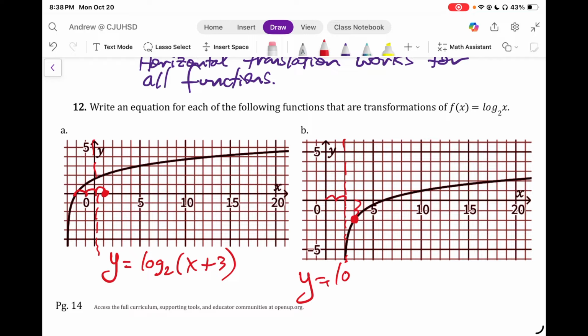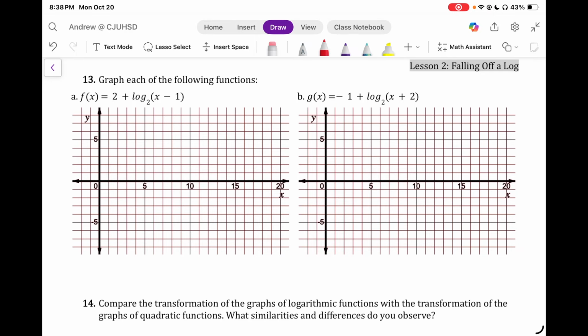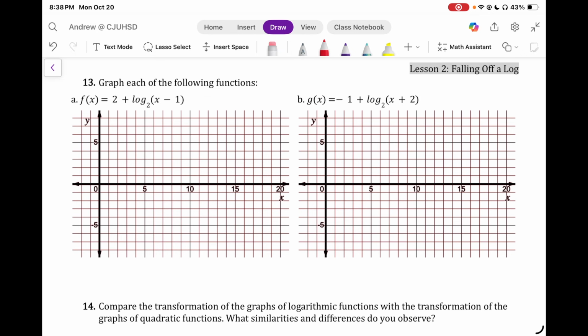So if I combine those together, right 2 and down 2 should look like that. And graph these following functions. So this is going to go up 2, and this is going to go right 1.